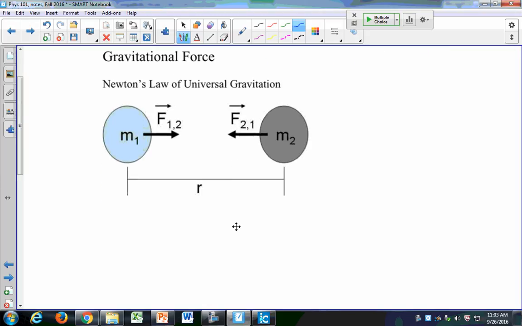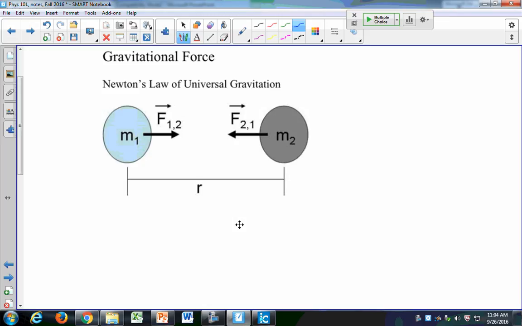All right, let's look at the gravitational force, and in the process of this, we'll look at Newton's third law as well. Newton's law of universal gravitation describes the force between two objects of mass, and he used this to describe the force between the Earth and the Moon, but it applies to all objects of mass.